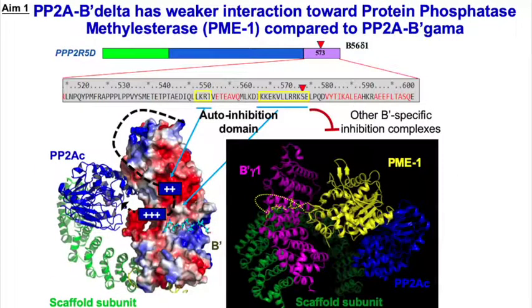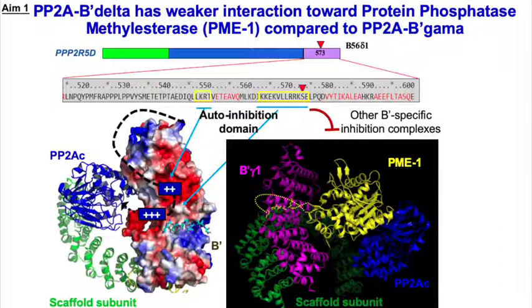We think this autoinhibition might suppress PME1 binding. PME1 binding to the active site also involves substrate binding motifs, and they block substrate interaction. However, if you have the C-terminal extension in B prime delta, you will block PME1 interaction and block recycling.